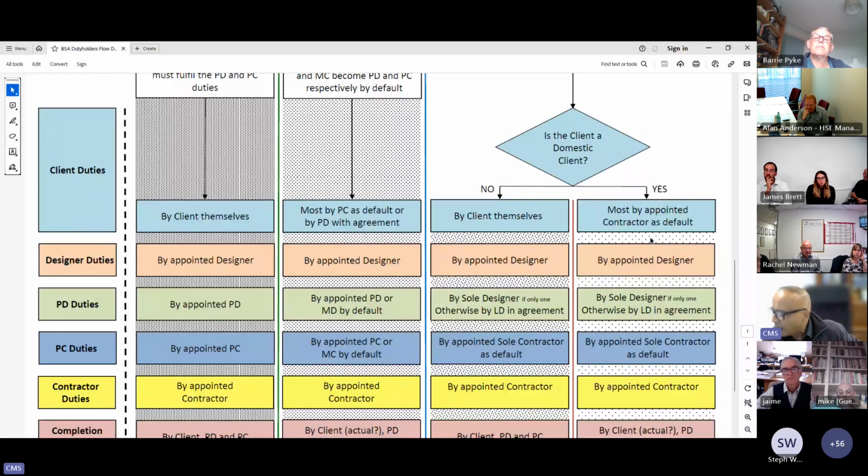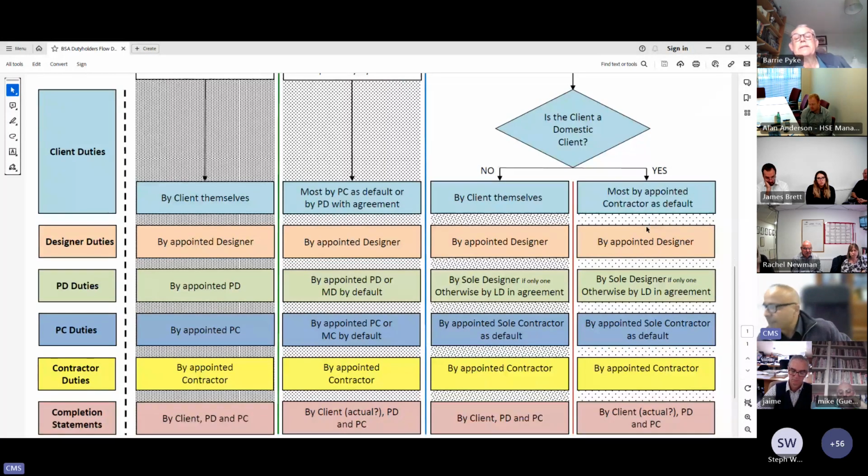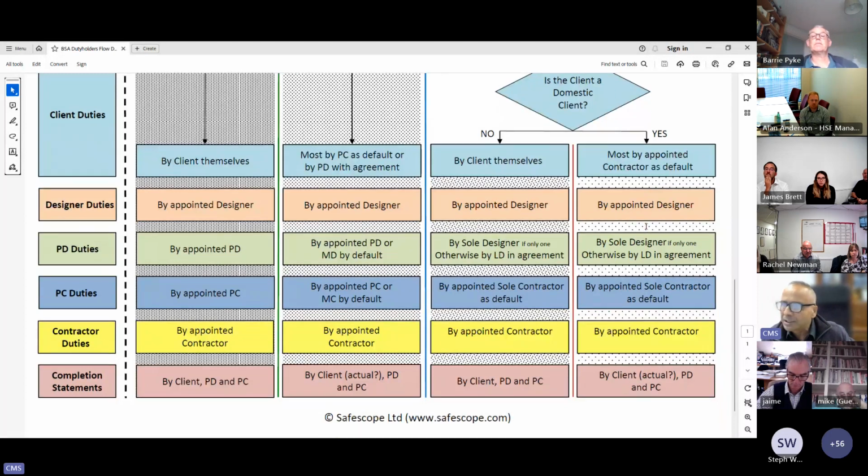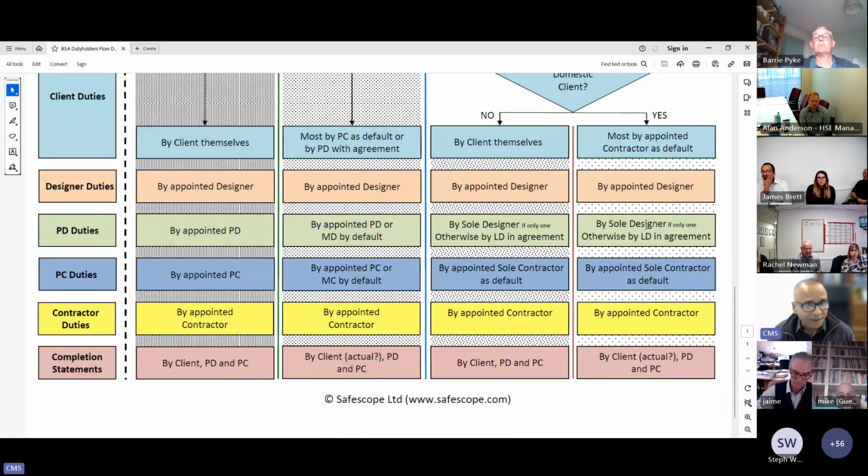Now we're going down onto that column on the right-hand side of the flow diagram, right-hand side of the red line. What about the designer duties? Any appointed designers will have their own duties. What about the principal designer duties? We said before, the principal designer appointment is not required.